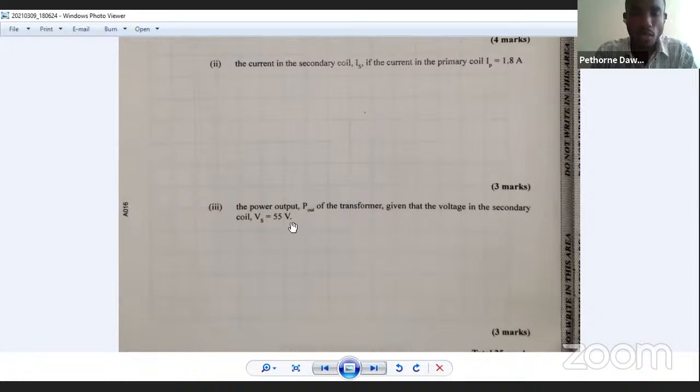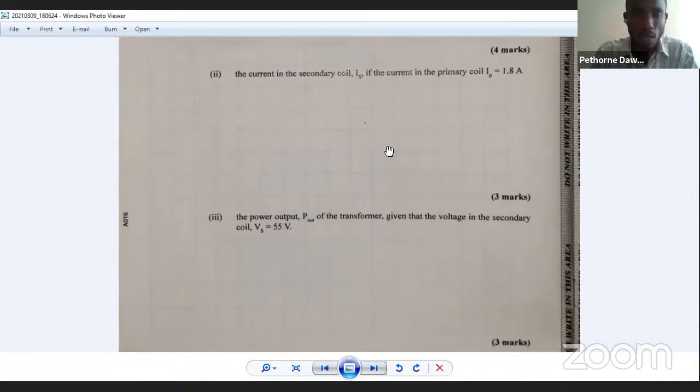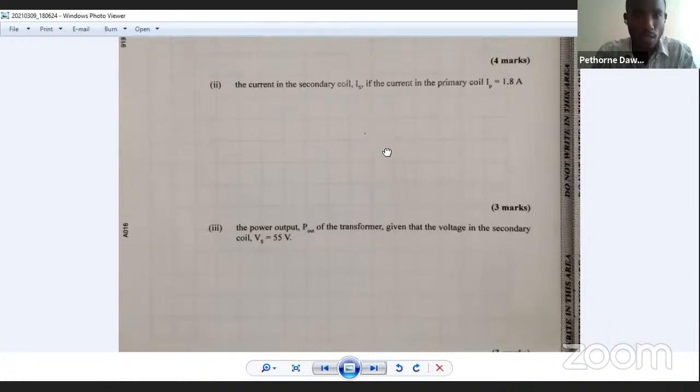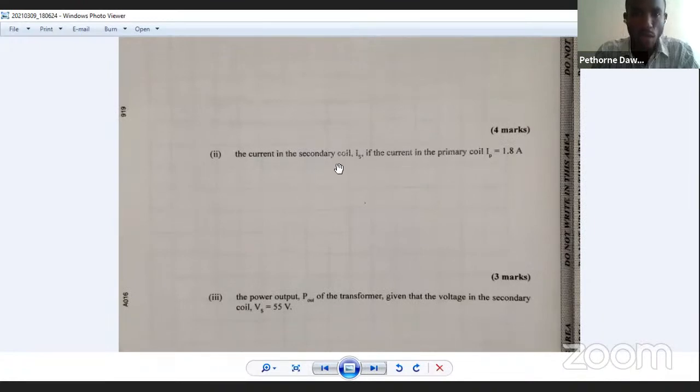They have given us the secondary voltage, and we need the corresponding current, because electrical power is voltage times current. That's an equation that you ought to be familiar with. We have the secondary voltage. We need the secondary current. Do we have it? Yes, because the question above asks us to find that secondary current.